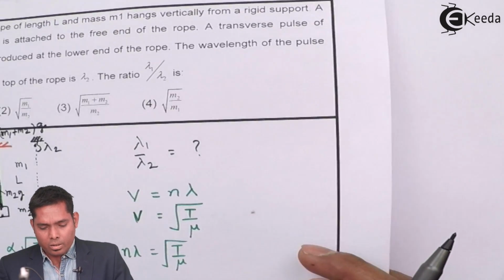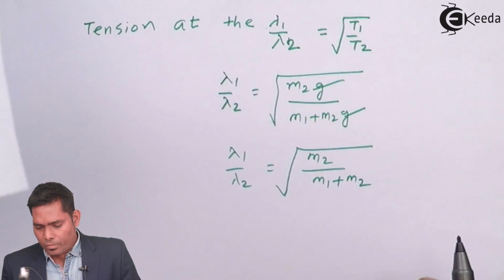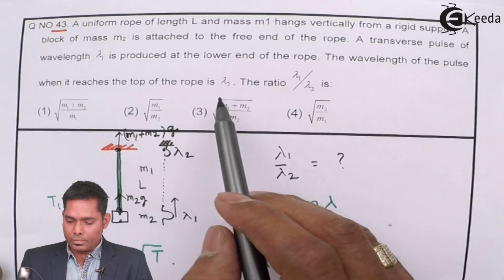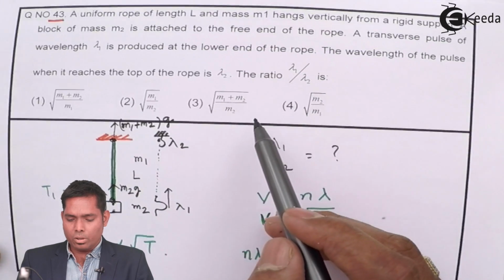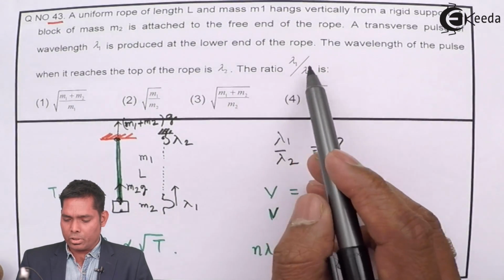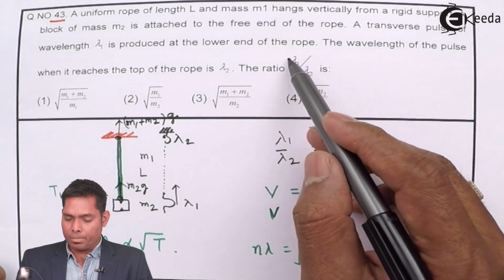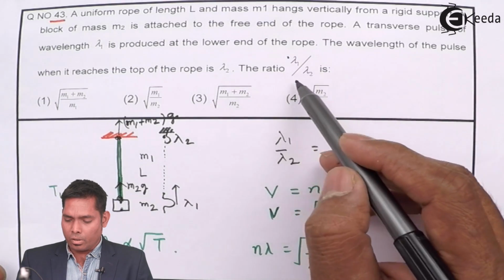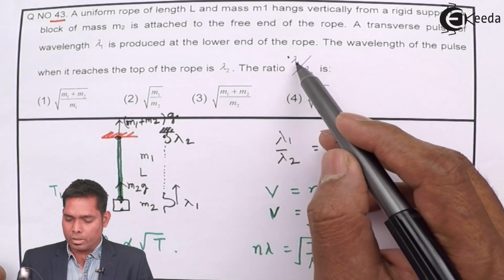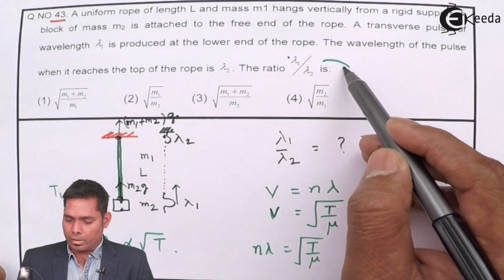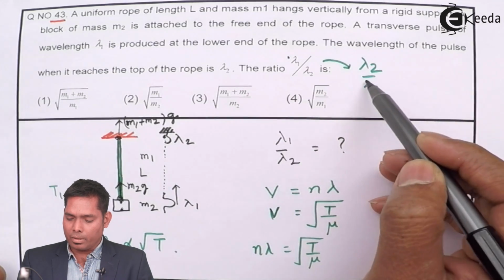This is the answer to this question, but there are no matching options, so you have to change the ratio. Actually there is a misprint here. It is not lambda 1 over lambda 2, it is actually lambda 2 over lambda 1.